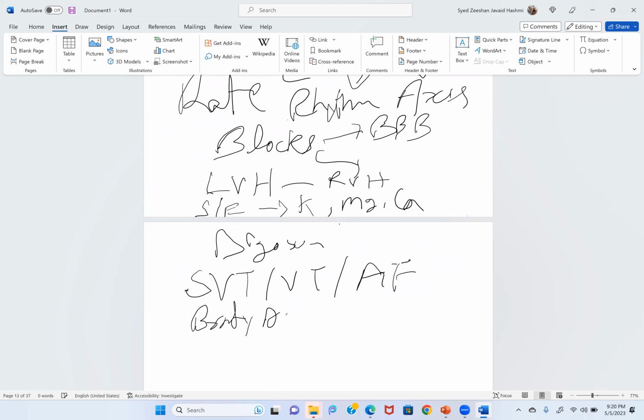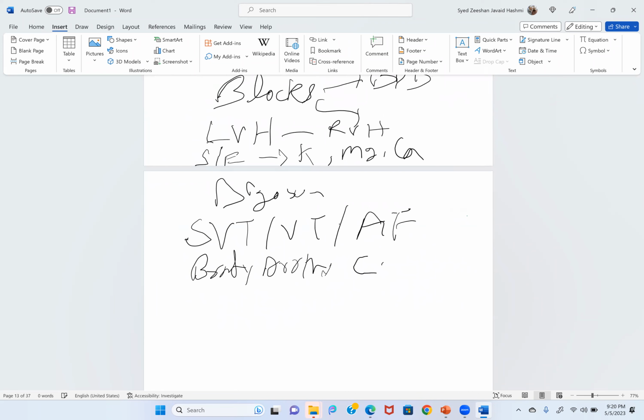Usually they are more important for us. And also left bundle branch block, because left bundle branch block may be saying that there is some ischemia going on. If there are bradyarrhythmias, maybe there is ischemia of the conducting system of the heart. So you should be knowing about these things.